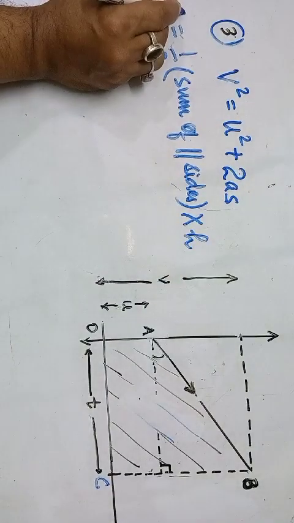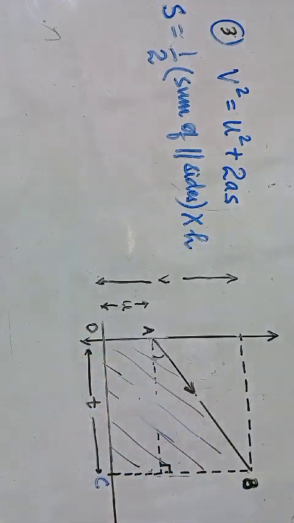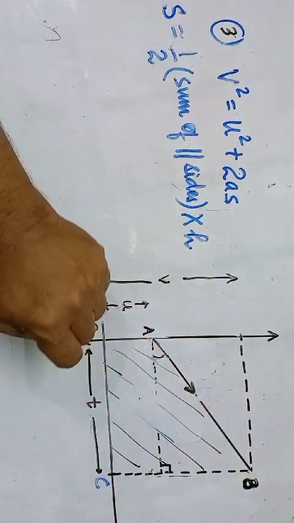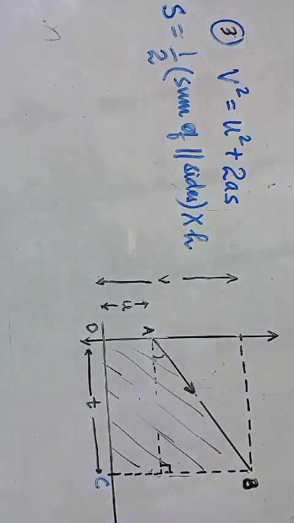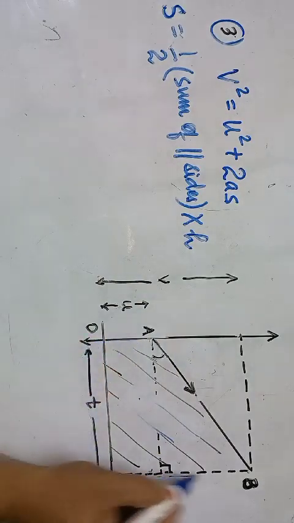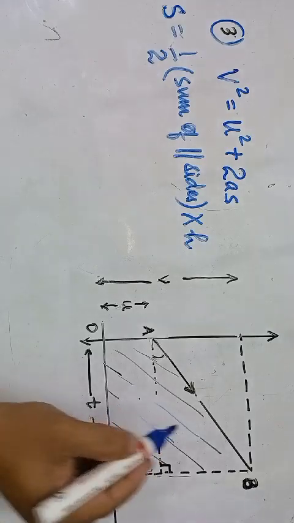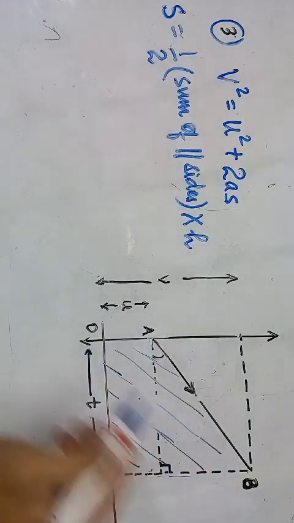So displacement covered during this motion will still be equal to the area enclosed, but this time the area of the enclosed figure is being taken as the area of the full trapezium. Instead of breaking it into two shapes, rectangular and triangular, we are taking the whole thing together.